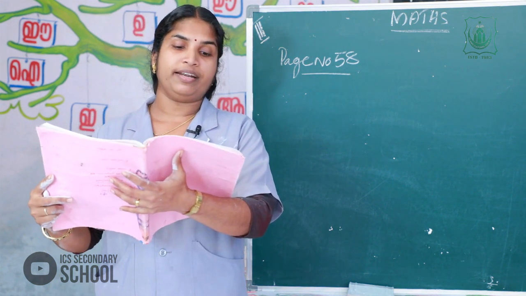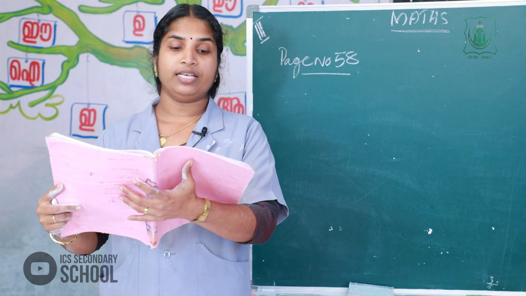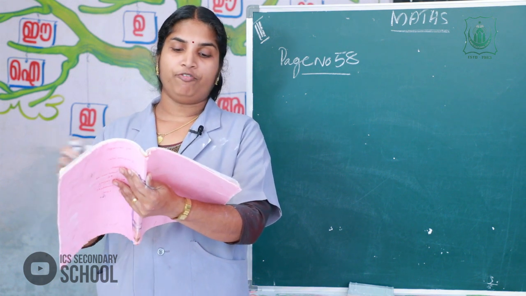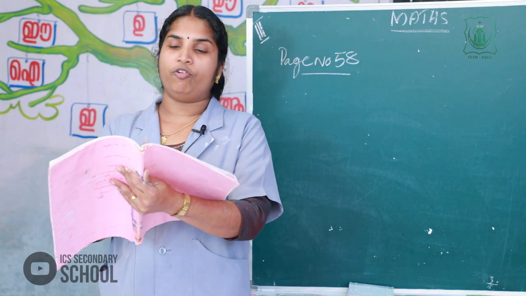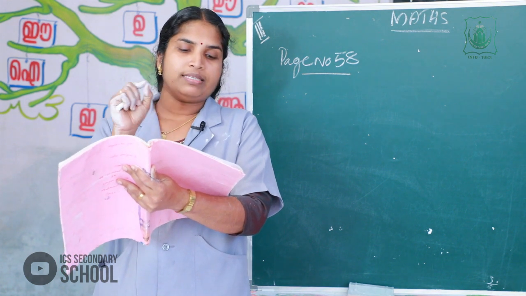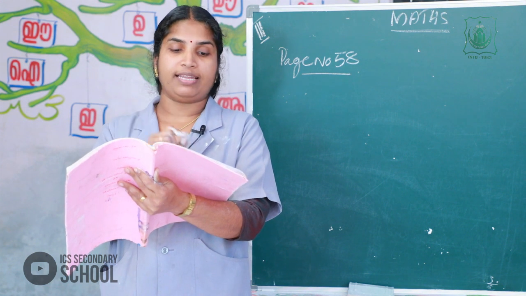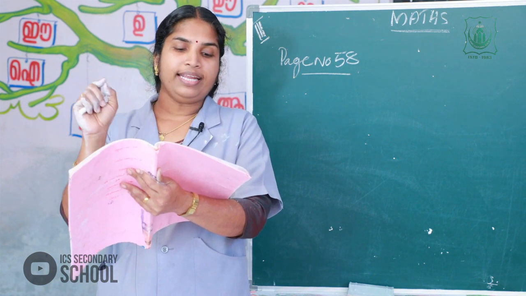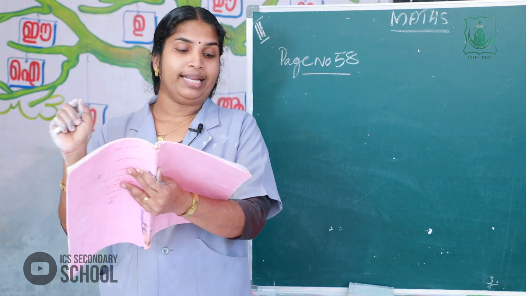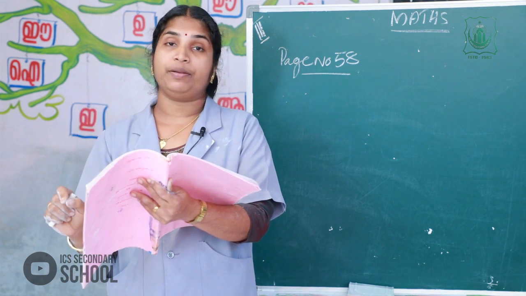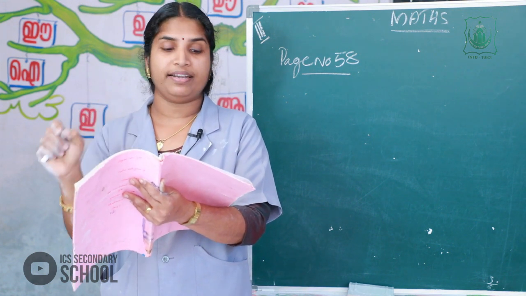Is 8 in the 100 place? Yes or no? We get 4 numbers. Please underline the 8 in each number and write yes or no: is 8 in the 100 place?